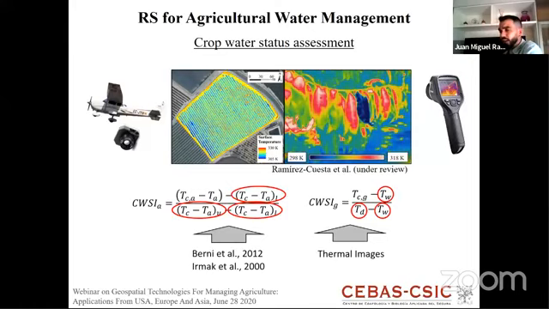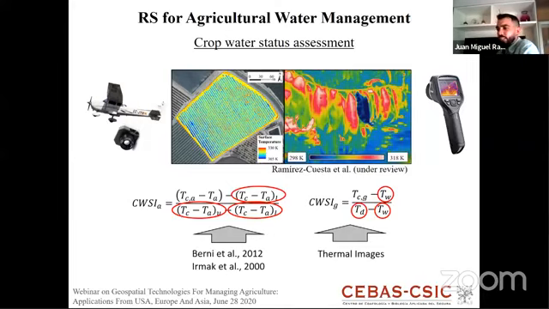The first one is a lower baseline representing a canopy transpiring at the potential rate, and the second one corresponds with the upper baseline, referring to a canopy where transpiration is completely halted.